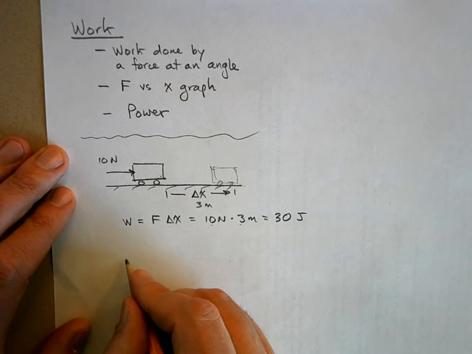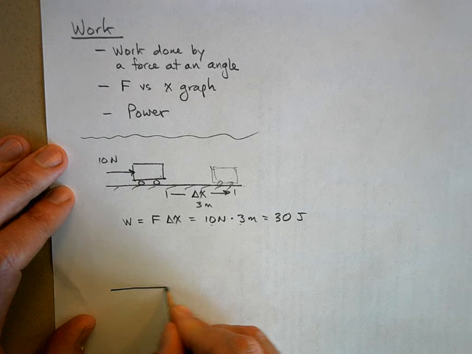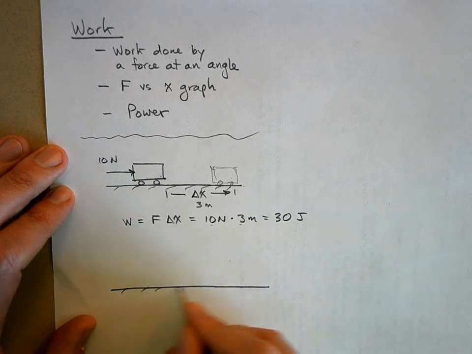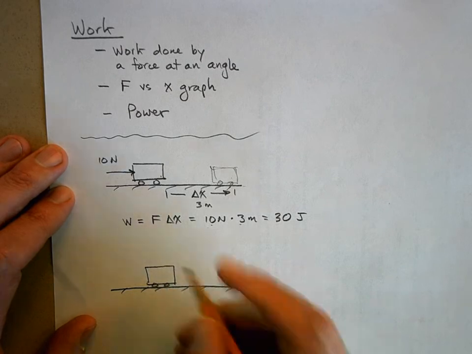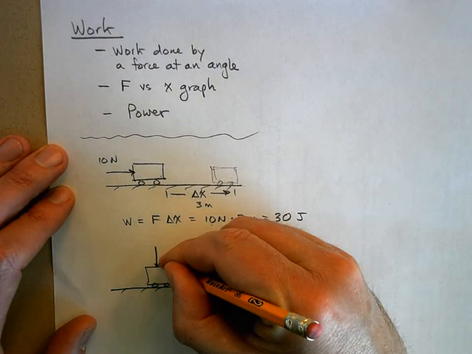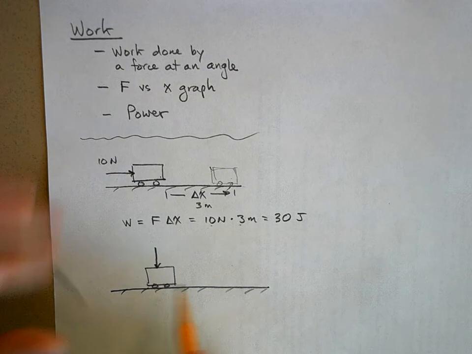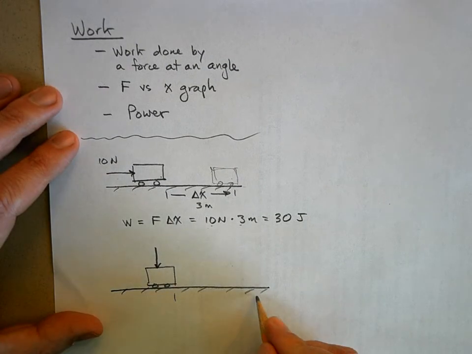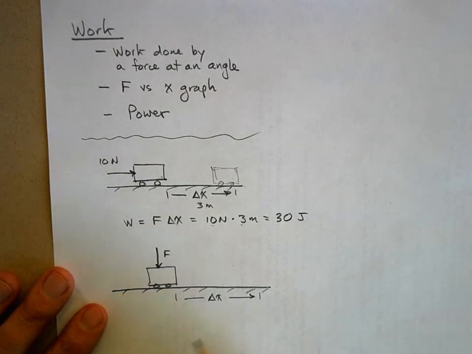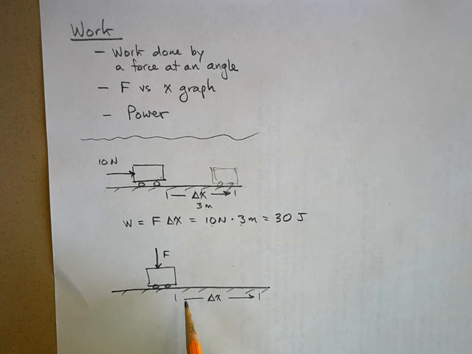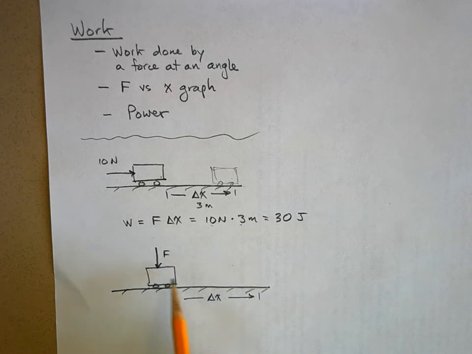But what if I did this? Suppose the crate was already moving, and someone was applying a force straight down. Now this thing's already moving, and it's going to move from here to here. Is this force right here making it go faster and faster? Is this going to make the crate go faster as it moves along this horizontal plane?